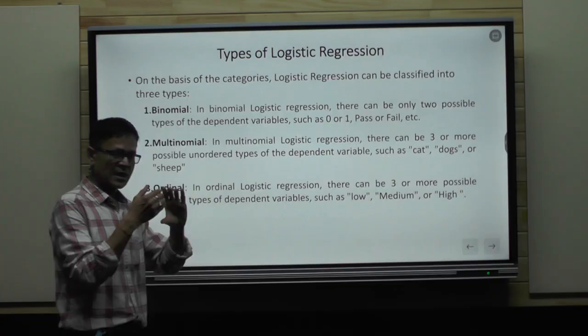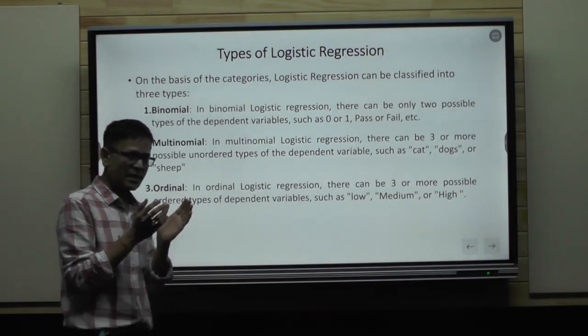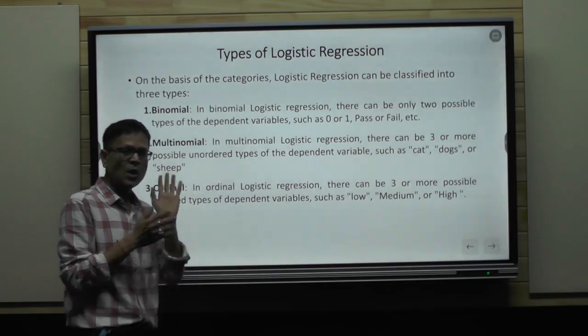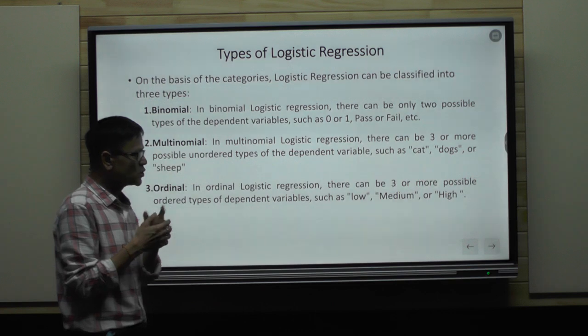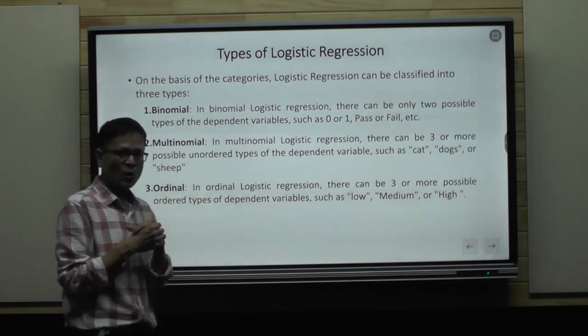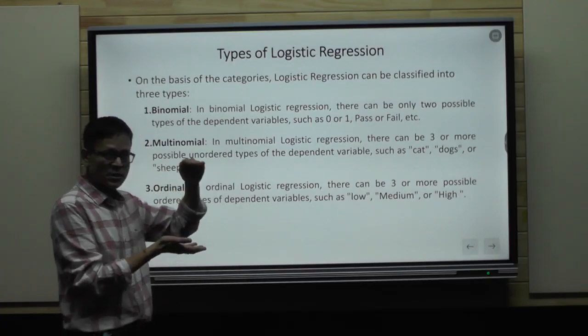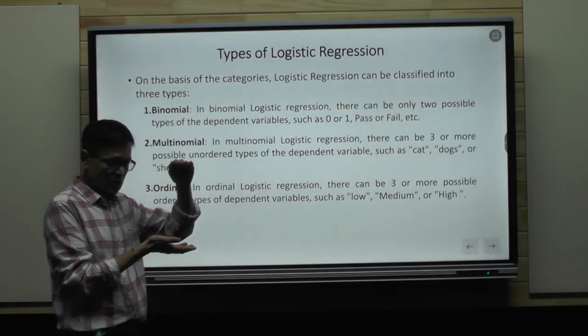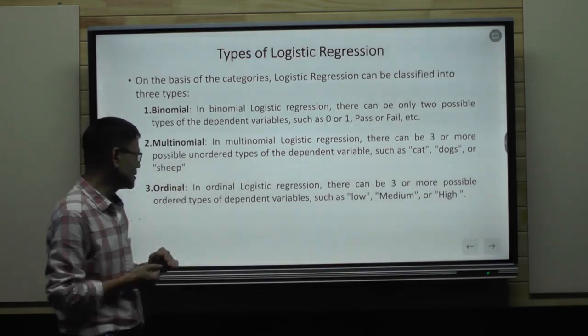The overall class features map to some common point. In this case, they are all animals. Or for simplicity, you can assume that these are pets. So cat can be a pet, dog can be a pet, and a sheep can be a pet. So the general class is a common feature, and in that common feature, there are certain divisions.